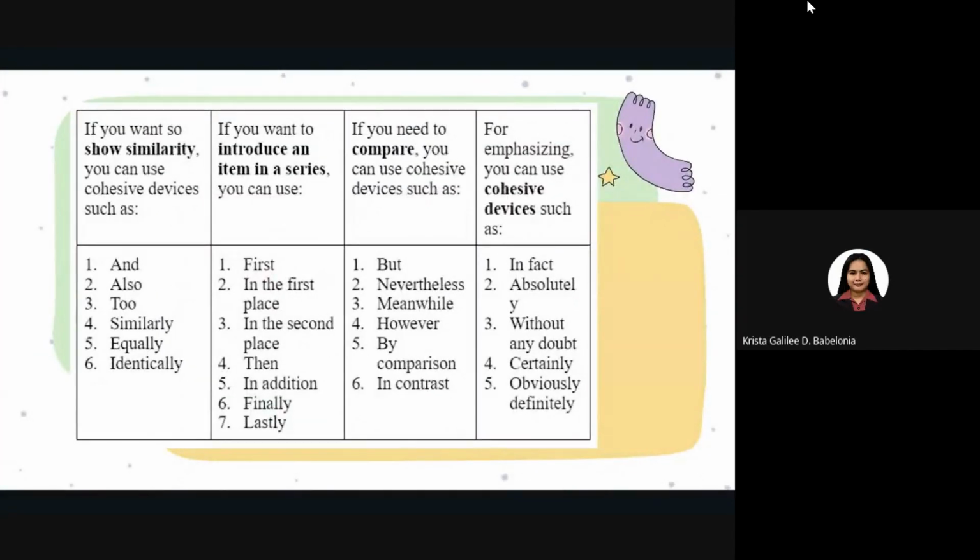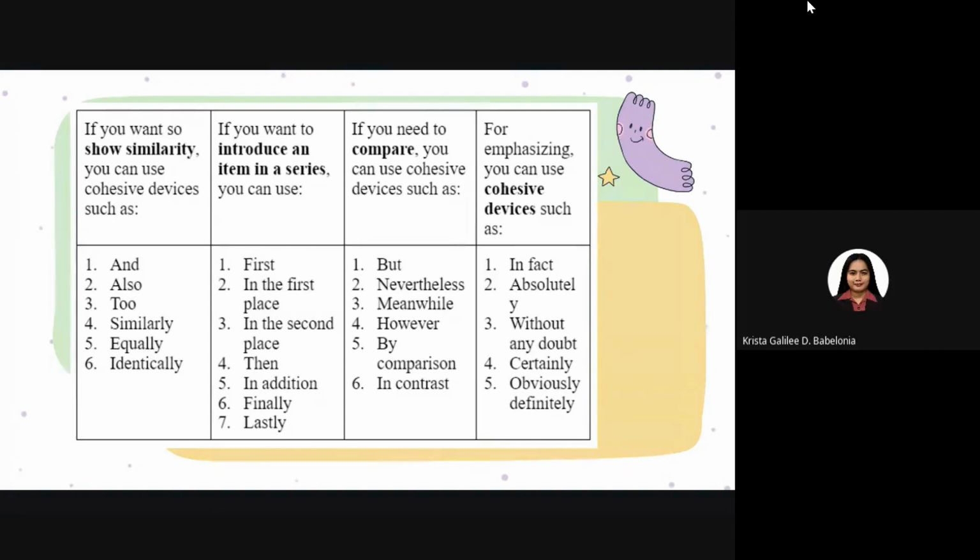All right, as you can see from the table, these are some examples of cohesive devices. On the first column, if you want to show similarity, you can use these cohesive devices, such as similarly, equally, identically. And in the second column, if you want to introduce an item in a series, you can use first, in the first place, in the second place, then, in addition, finally, lastly.